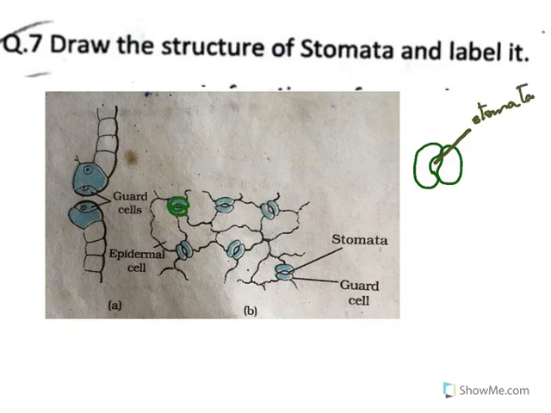And around it, the cells are just the plant cells. So here you see again we have the guard cells, and then we have the other cells of the plant. So this is the structure that you need to draw.